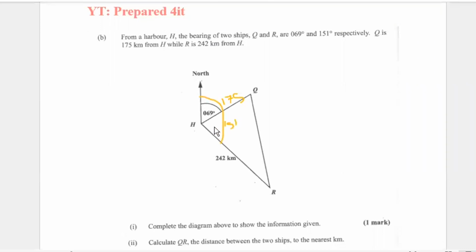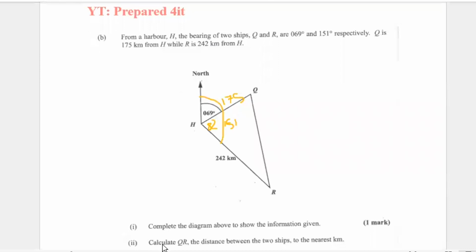But this reading here will be 151 minus 69, and you'll get 82 degrees here. So it is the 82 plus the 69 that gives us the 151. What else did they give us? So they gave us 69 degrees, 151, 175, 242. Okay, so that is all our information.